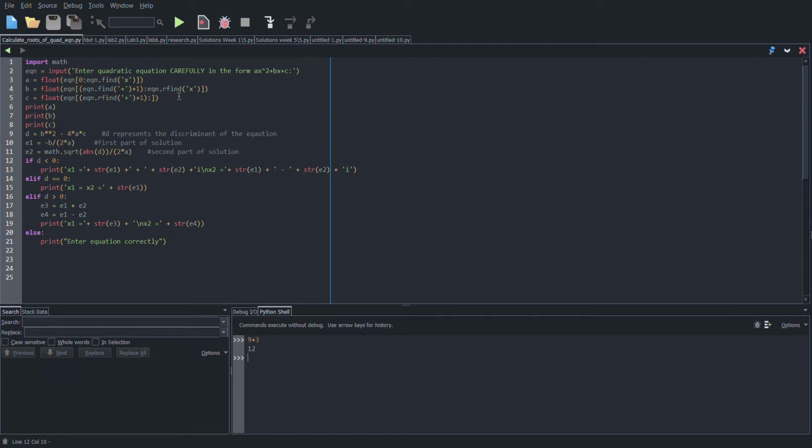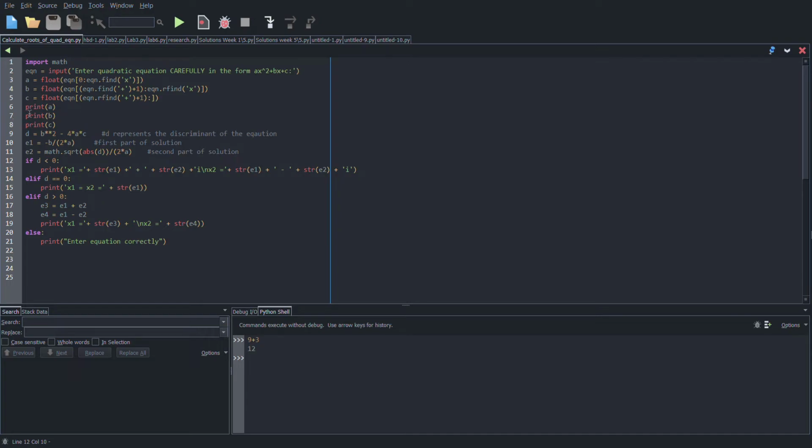So equation.rfind x means you should index till you reach the last x in your equation, and basically this is the last x in the equation. So it takes all of those numbers and converts them into float too. So C also cuts out this C, which is basically any characters from after the last plus sign till the end. If you just put a colon, right, it takes it till the end.